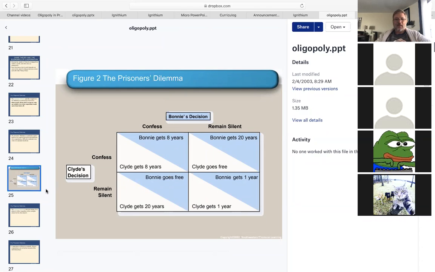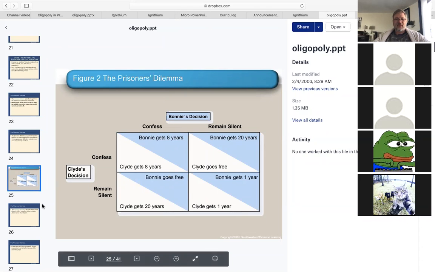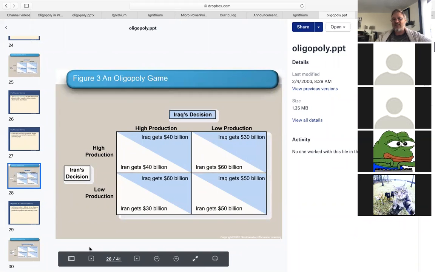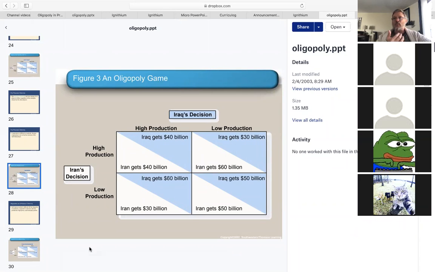Now, let's bring this to a more realistic case. I want to point out to you all that when you solve the problems on Ignifium, what you're going to have to do is draw yourself a little table like this and label a row and a column player and their strategies, and then fill in the payoffs in the same way.